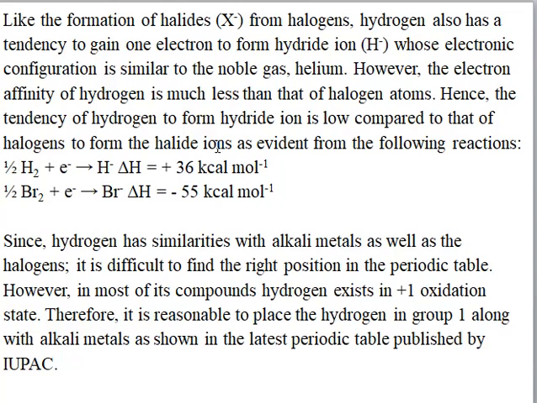Here we conclude that most compounds of hydrogen carry the +1 oxidation state, like that of the alkalis. So it is reasonable to place hydrogen in group 1 along with the alkali metals. Nowadays, in the periodic table, it is placed above lithium, which is an alkali metal.